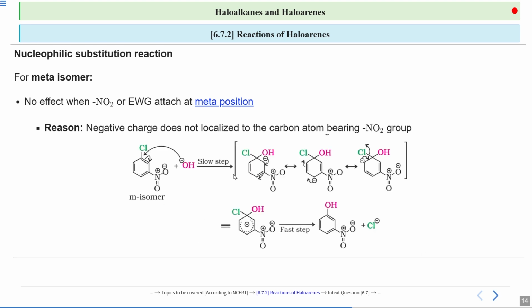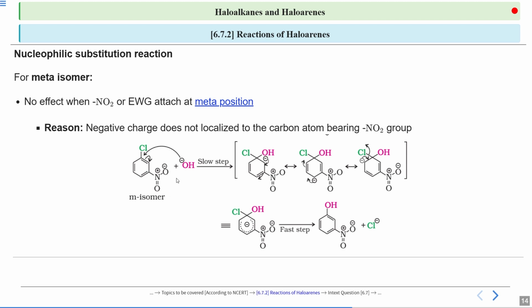You will better understand by looking at this process. This is a meta isomer we have taken, where the electron withdrawing group is NO2 and it is present at the meta carbon. This is the meta position and this is the meta position. This is ortho, and these two are para. They are equivalent.